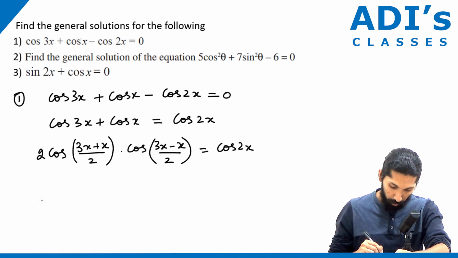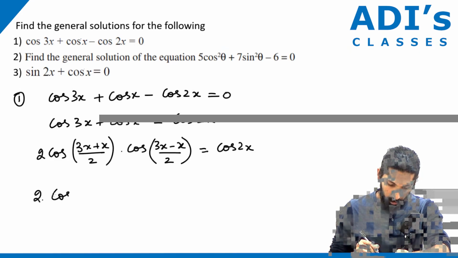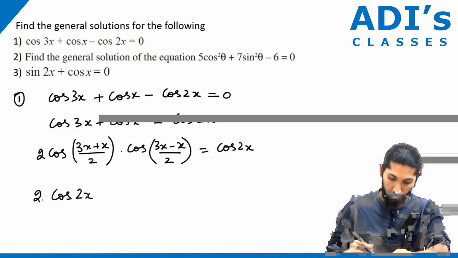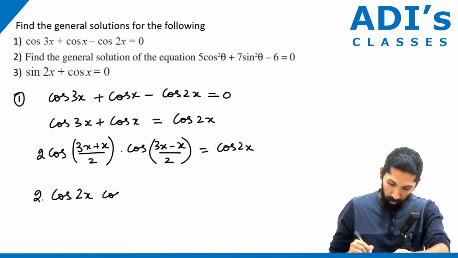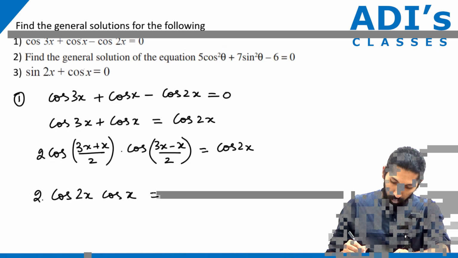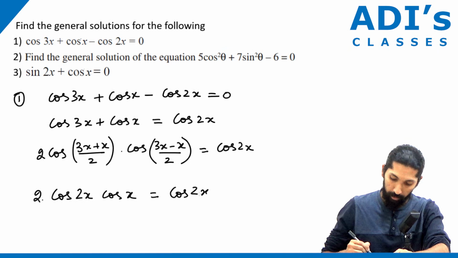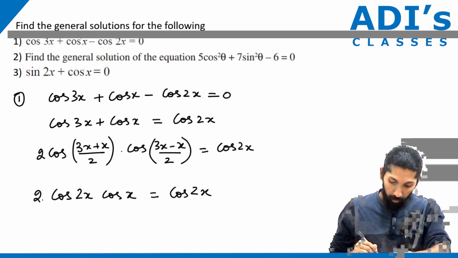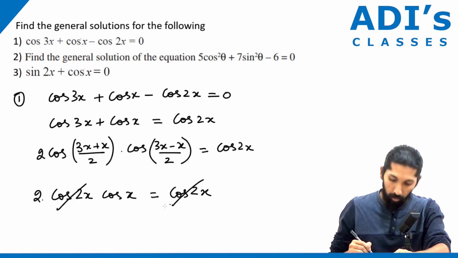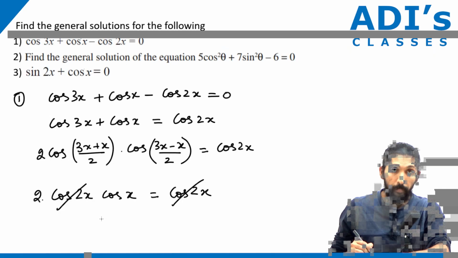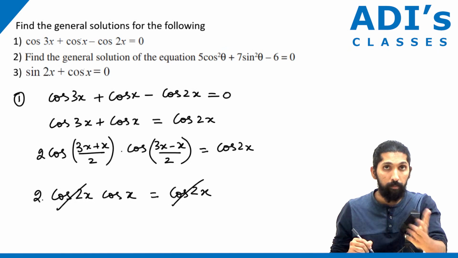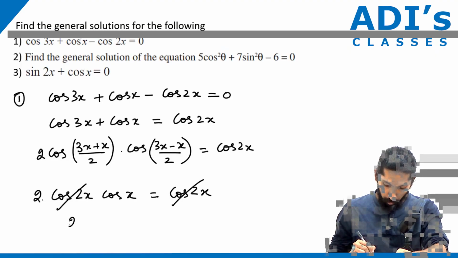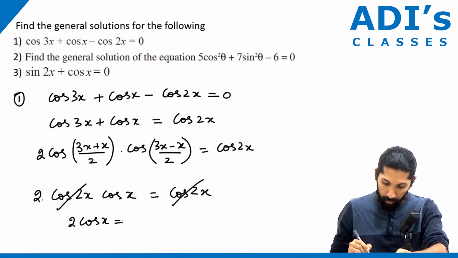Now, 2 into cos of 4x by 2, right, into cos of x is equal to cos 2x. Now, what we can do, you can cancel the cos 2x, right? Don't you think it's nothing but dividing one by the other? So what do we have here? 2 cos x is equal to 1.